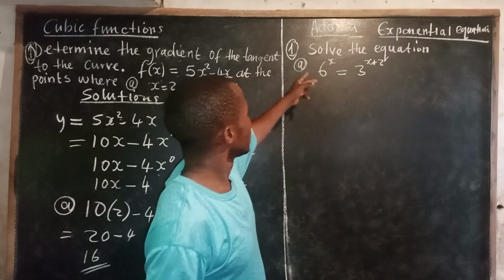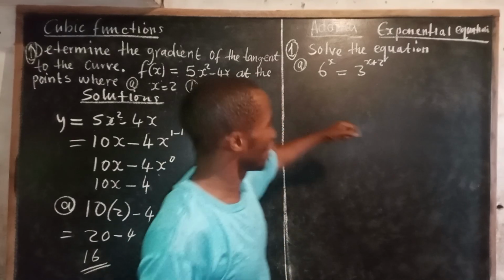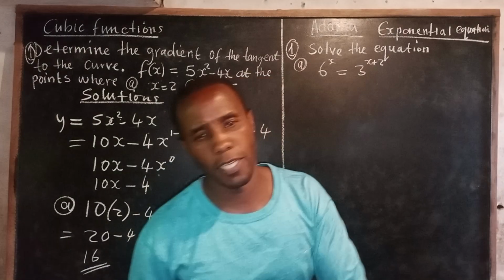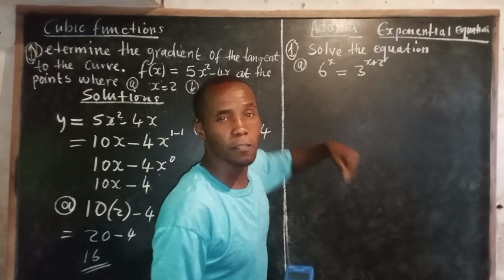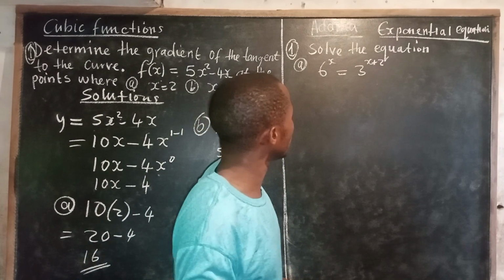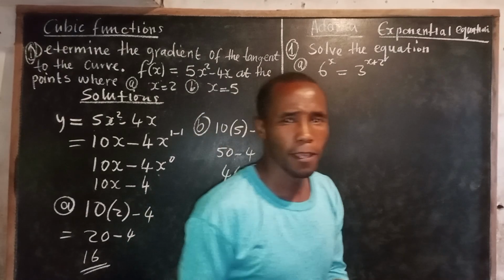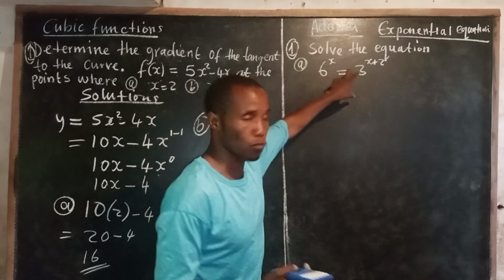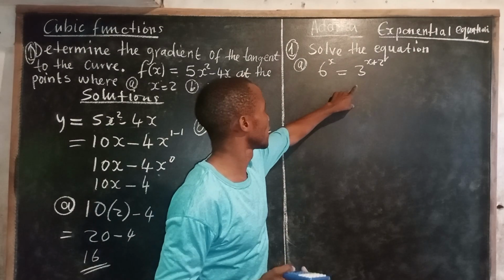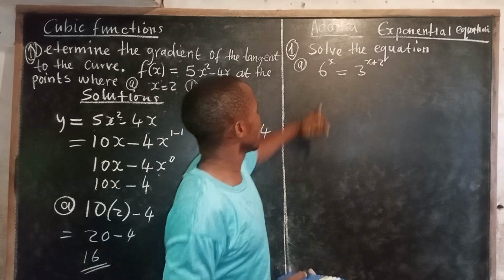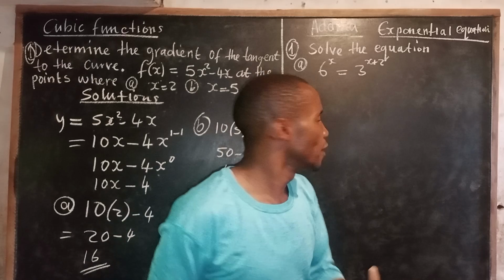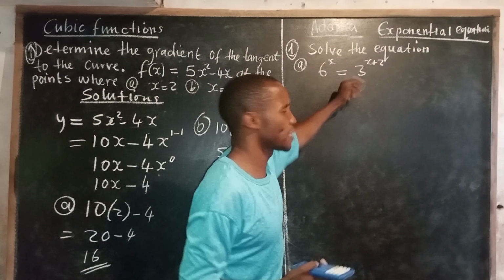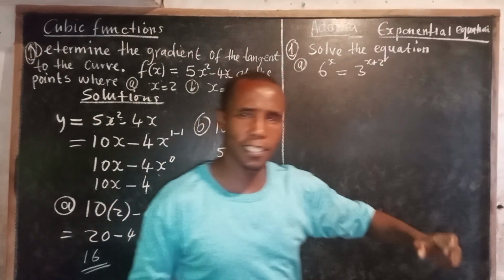First of all, you can apply the rules of indices, which you did in grade 9 and 10. But here, what you are supposed to do is make sure that the bases are eradicated.